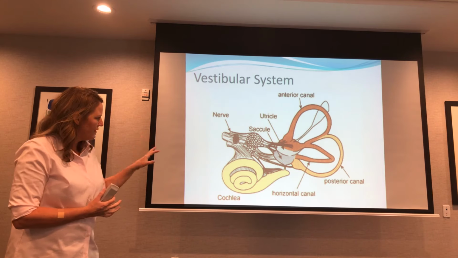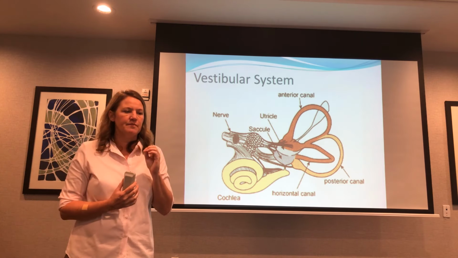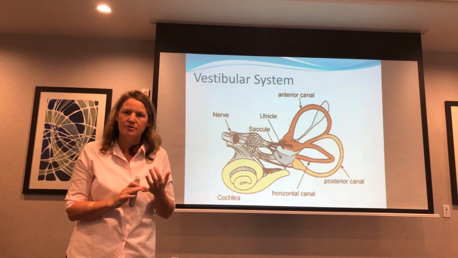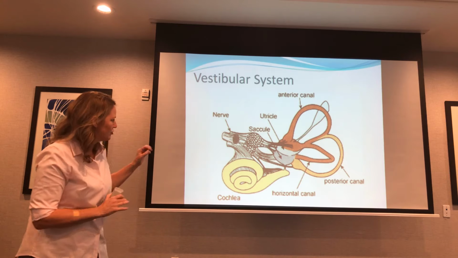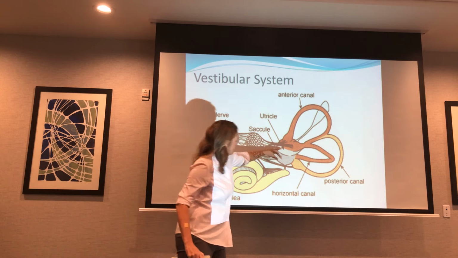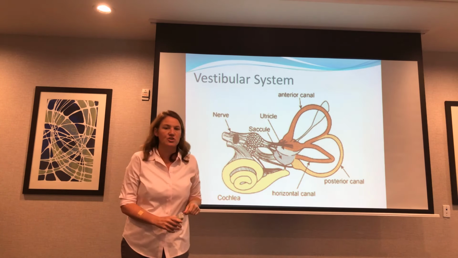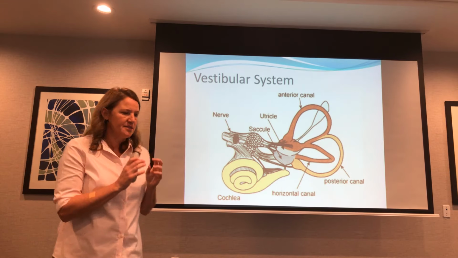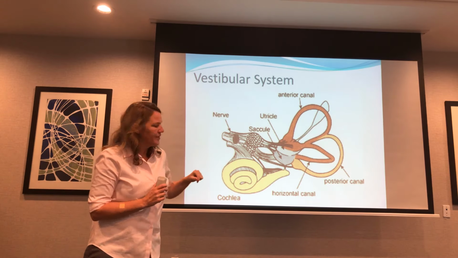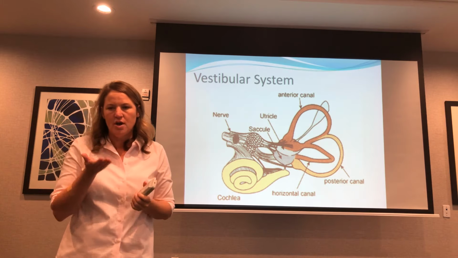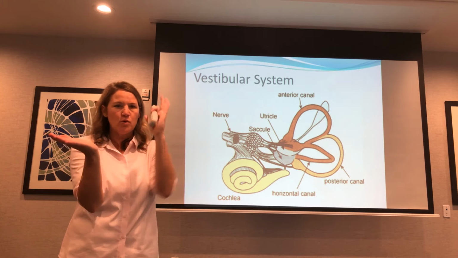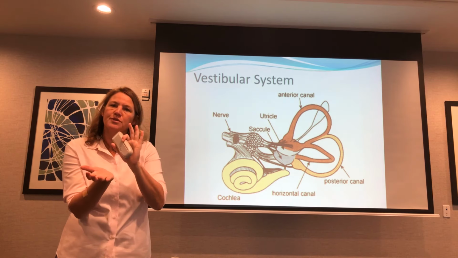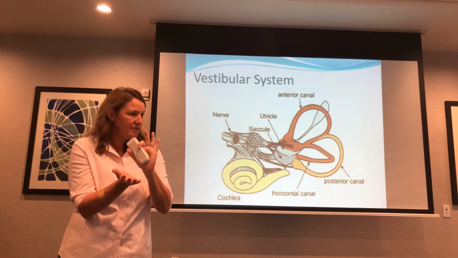So when you look at the vestibular system, you have your semicircular canals, and you have your utricle and your saccule. These are often called your otolith organs. The utricle and saccule, again, we'll go into more detail, but one sits this way, one sits this way at a 90-degree angle to each other, and they're meant to pick up linear information.